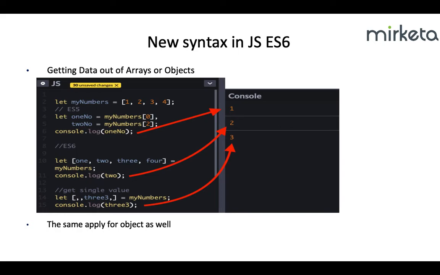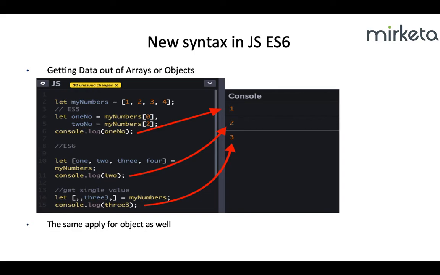If you see the code, we have an array with few numbers 1, 2, 3, 4, my numbers, right? In ES5, how we retrieve a value, something like assign array of 0 to a variable, and we use that value for the further processing, right?